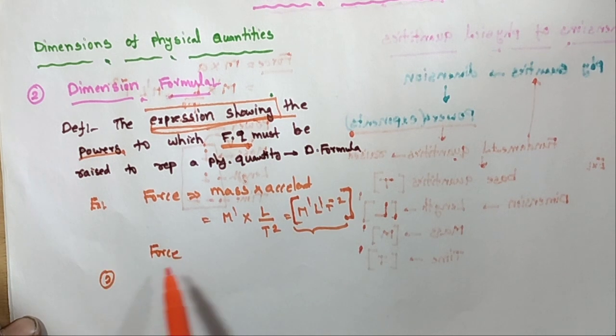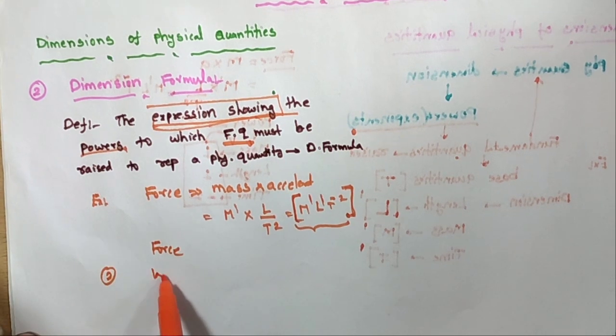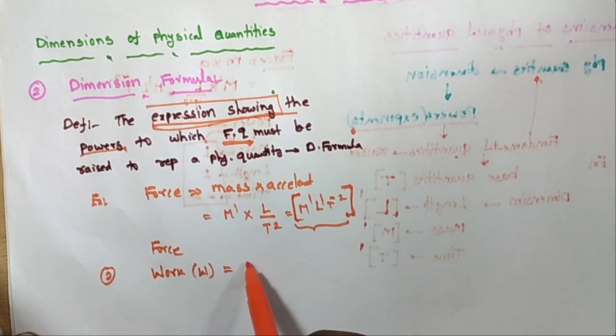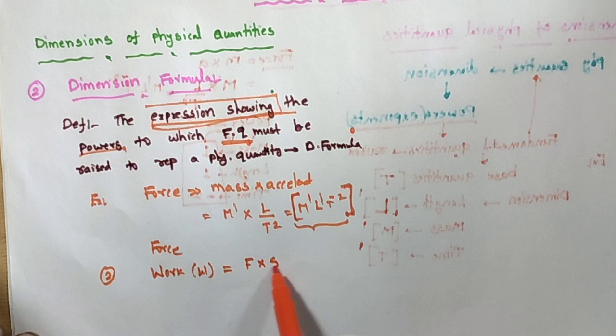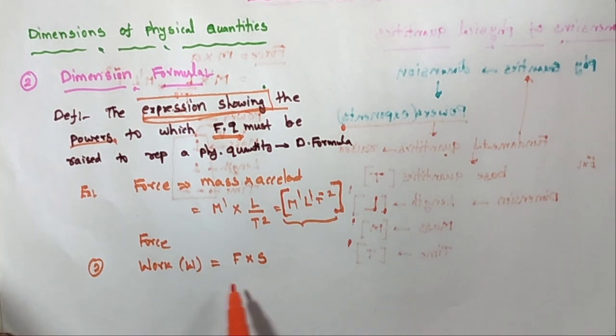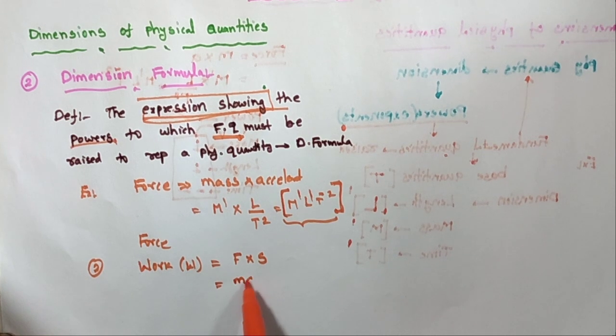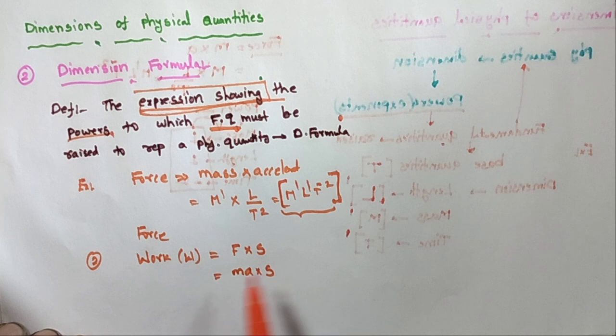Second one, you can take work. For example, W is equal to work. What is the formula of the work? W is equal to F into S, or F is equal to M A, into S. So this is the work formula: mass into acceleration into displacement. How to calculate?